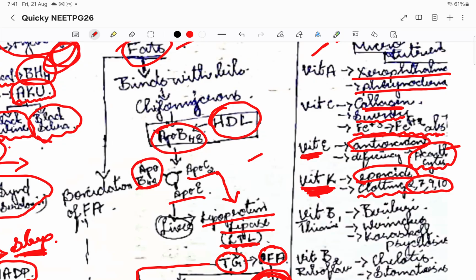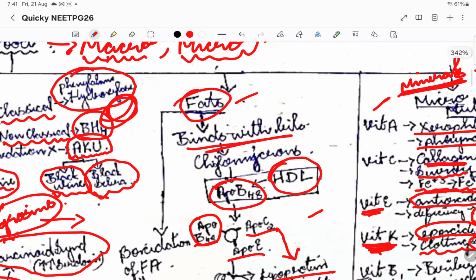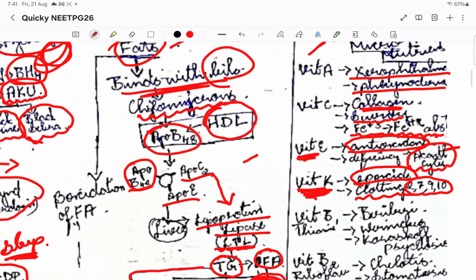So when there is deficiency of fats, or difficulty in fat absorption, for example an obstruction in the bile duct due to obstructive jaundice, the bile acid secretion was supposed to be there for fats, right? Fat to chylomicron formation was by bile. So if there is no bile secretion, how will vitamins A, D, E and K get absorbed? So absorption of ADEK cannot happen.